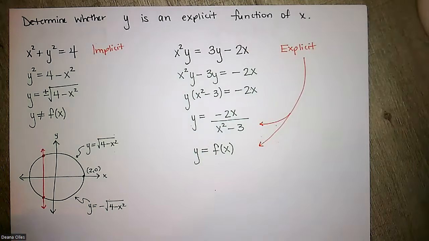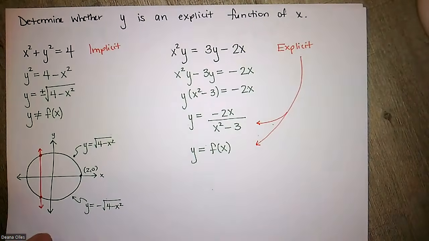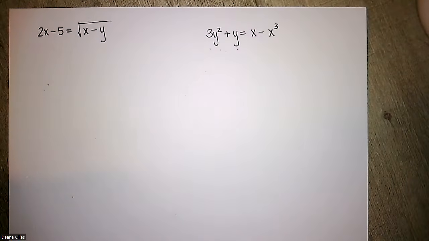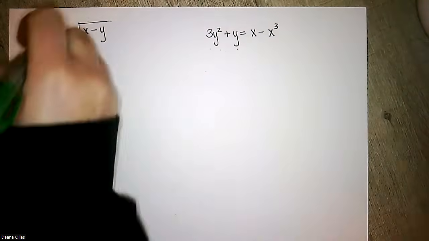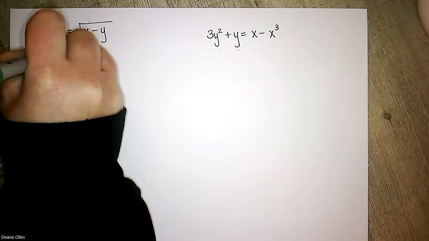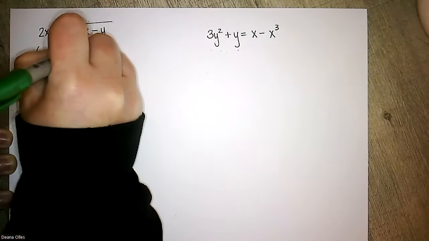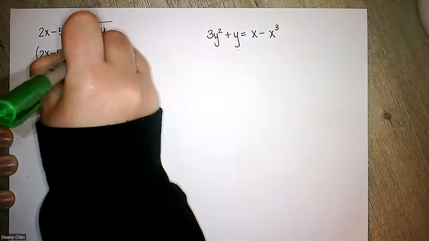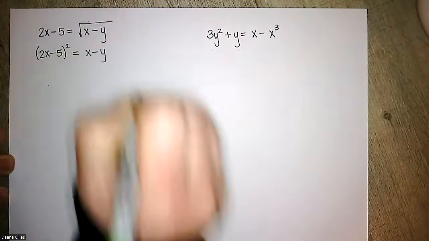And then I've got 2 more examples I want to look at for a little bit more algebra practice. All right, so for this one, the y that I'm trying to isolate is stuck underneath this square root. So the way that I would get rid of the square root or eliminate the square root is to square both sides. So I'll have 2x minus 5 quantity squared equals, and if I square the square root, it does cancel, x minus y.